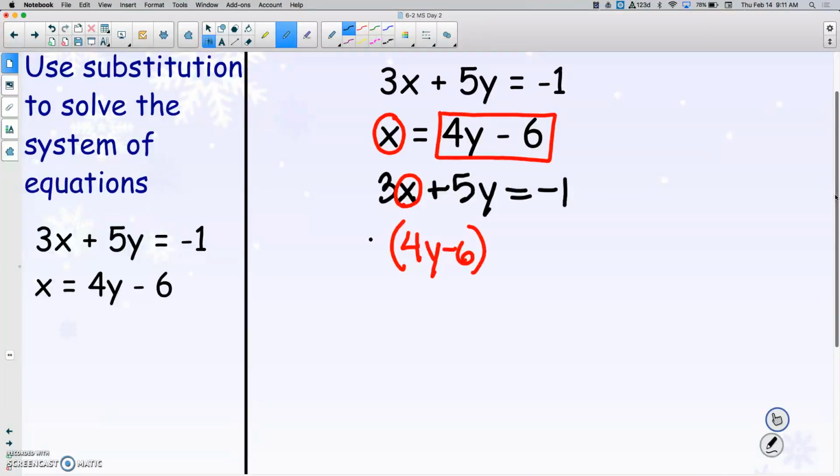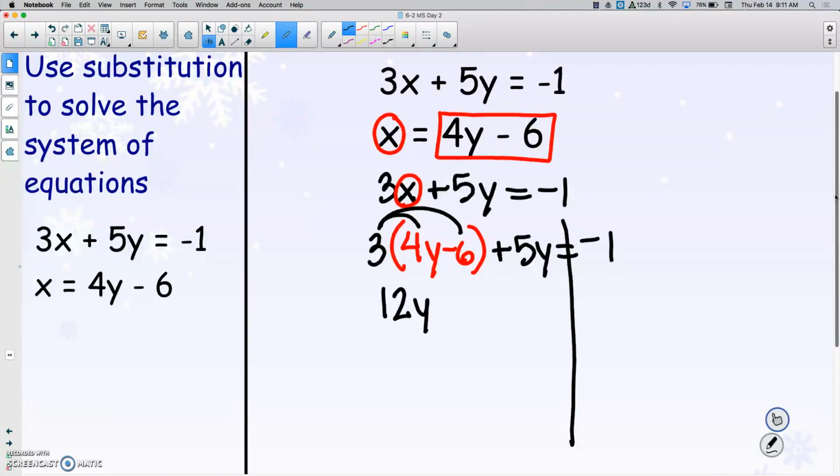In front of x this time is a 3. After it, plus 5y equals negative 1. Distribute the 3 to get 12y minus 18. And then plus 5y equals negative 1.